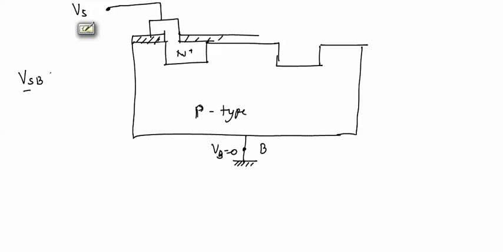So if VSB is greater than 0, then there will be a reverse biasing at this n and p junction, and due to this reverse biasing, the depletion layer will penetrate more into the region. If we further increase VSB, there will be more penetration of depletion region into this region.